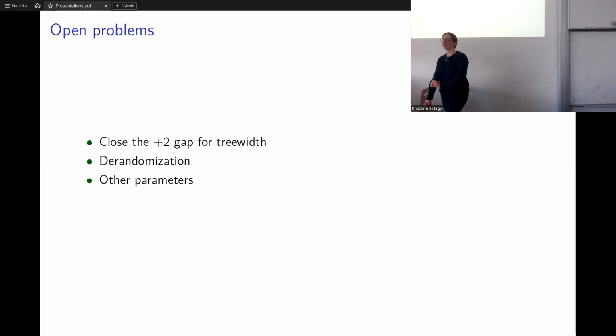So maybe if just some small number of vertices require something else and everyone else requires that degree, did you consider anything like this? I don't think we considered this. We mostly considered other structural parameters, but we didn't really consider parameterizations by these degree requirements.